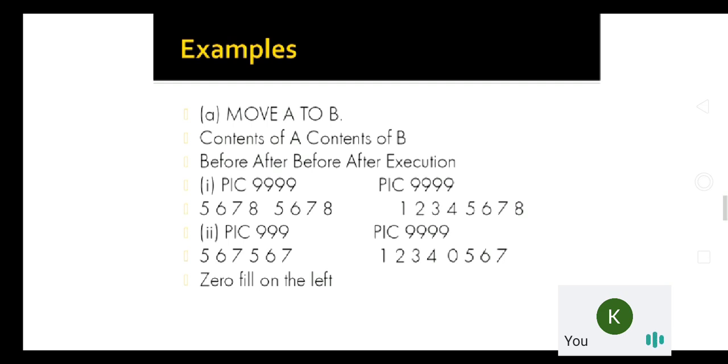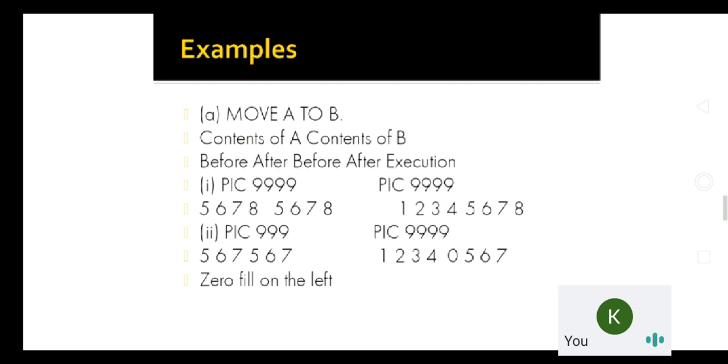Now I am sending the value 27 from A to B. This is going to be the question. Same example, MOVE A TO B, where the picture clause for A is 999 and for B is 99.